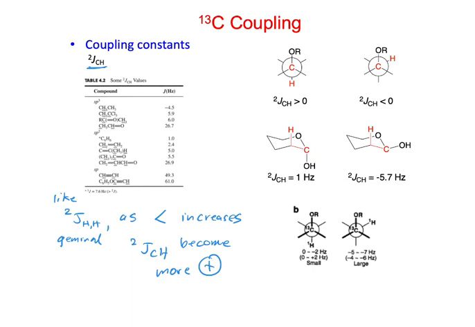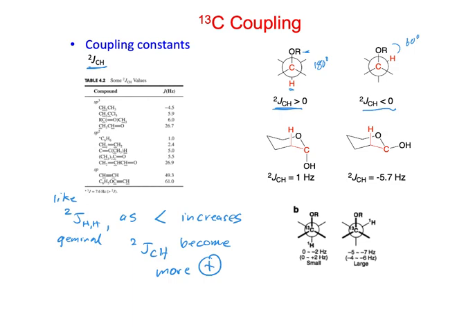But so one example here is if we have an OH on a carbon here, and we're looking at a coupling between that carbon and a proton on an adjacent carbon, so a two-bond coupling. If the H is 180 degrees away from the OH or ether, then this coupling was greater than zero, and if it was 60 degrees or gauche, it was somewhat less than zero. Though down at the bottom, it didn't quite fit there.